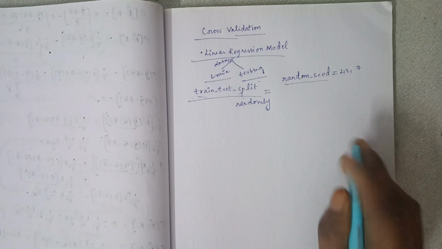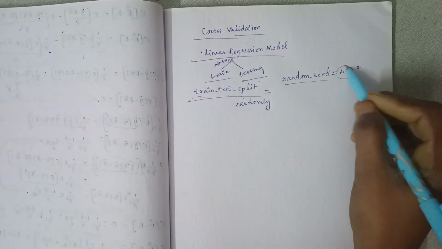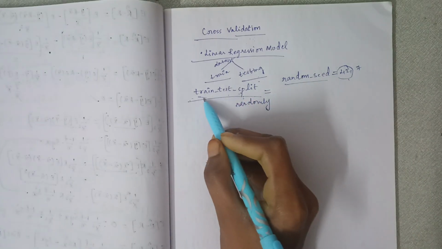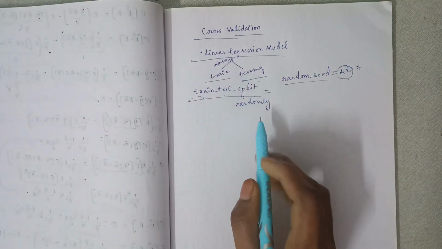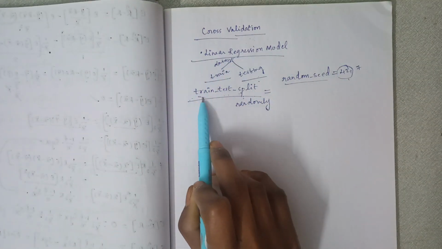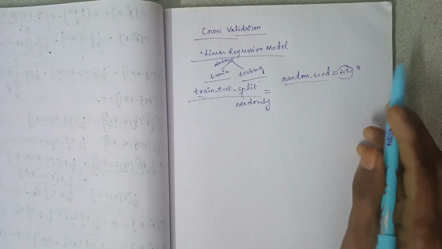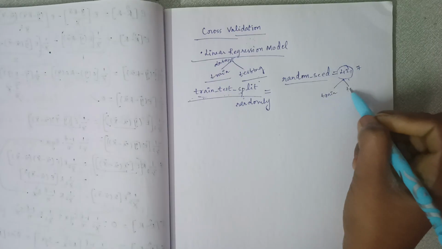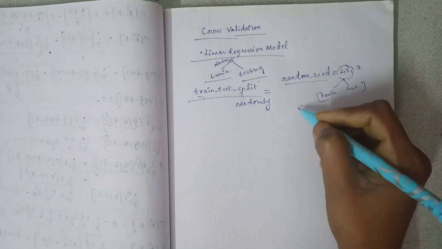According to this number, it will split the data randomly into the training bucket and the testing bucket. Let us consider you split the data into training and testing using the random seed 42. Here is the training data and here is the testing data, and you have fit the model and calculated the accuracy.